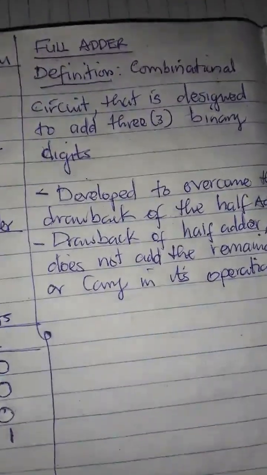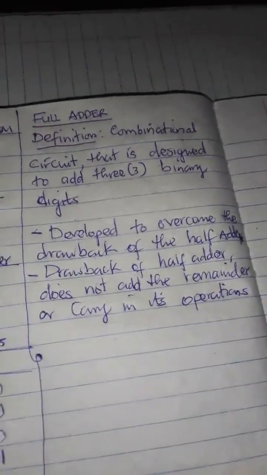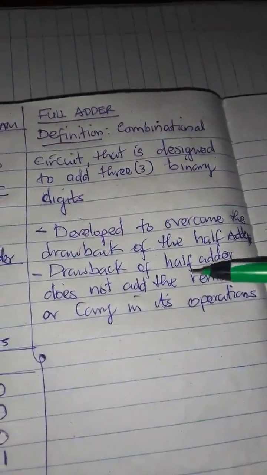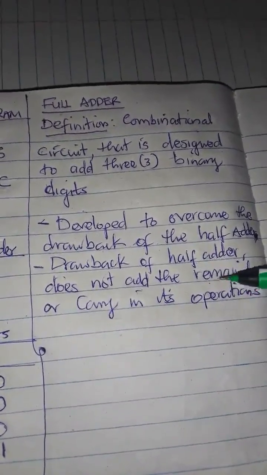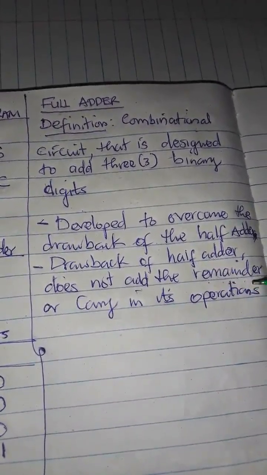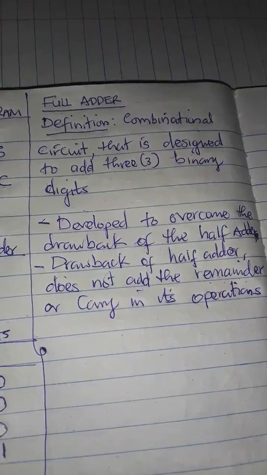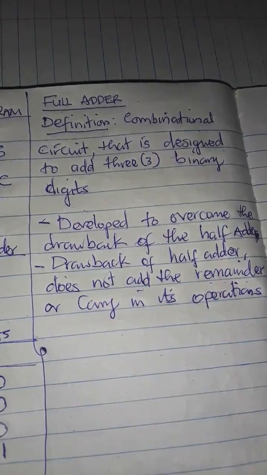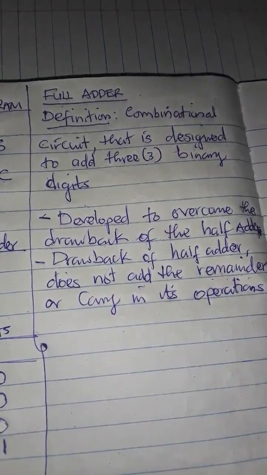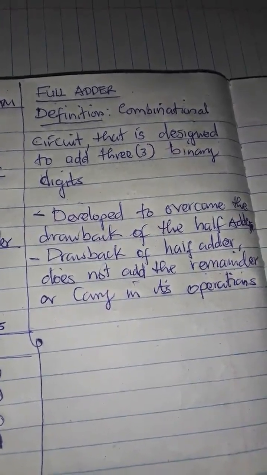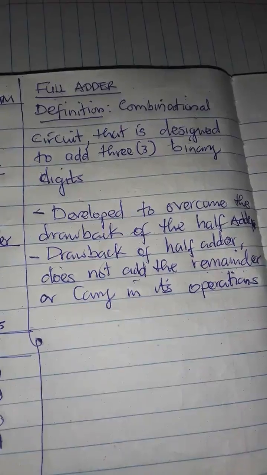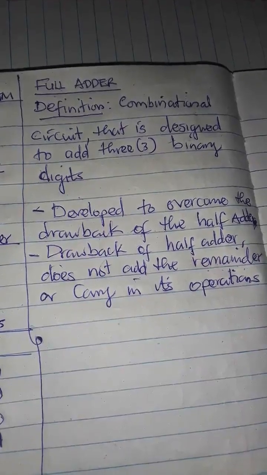So a full adder was developed for this reason, so that it should be able to add the carry or the remainder in its operations. It's a combinational circuit designed to add three binary digits, developed to overcome the drawback of the half adder, which does not add the carry.